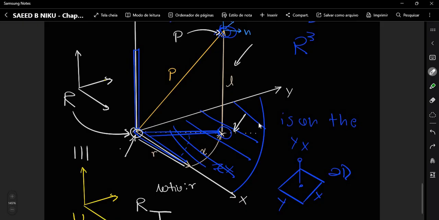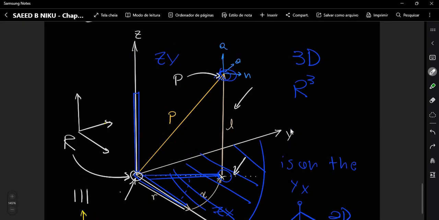So these first three columns, these elements of this matrix, represent the position and orientation of this point. Okay, this point right here.